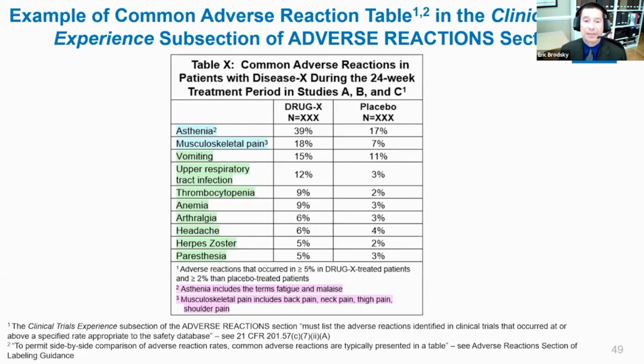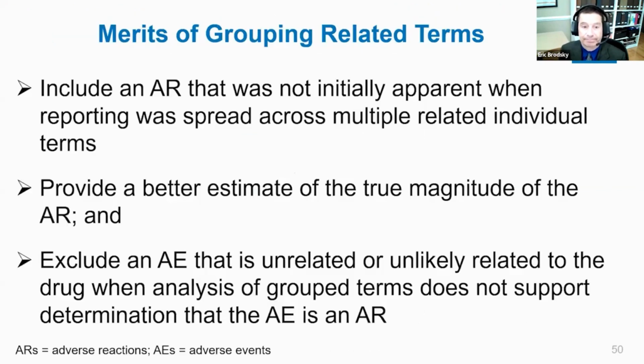So the group term appears in the listing in this fictitious example in blue, and the component terms that are determined to be adverse reactions are listed in pink. The green terms are individual terms that are not grouped. So as you noticed in the listing, you may have group terms as well as individual terms that are not grouped. Next slide, please.